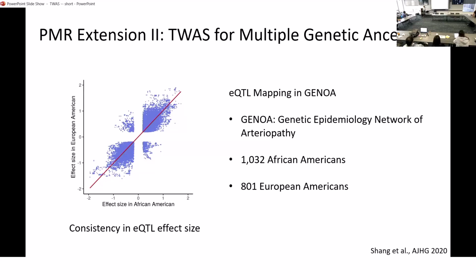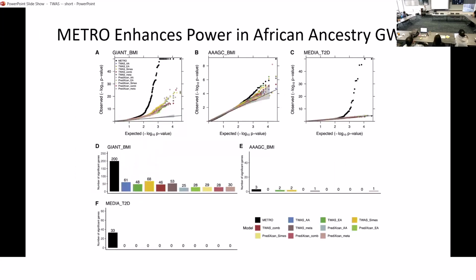And you can see that they tend to show consistency between these two populations, which is kind of expected because you might expect the underlying biology, the cis eQTL regulation of gene expression, to be consistent across different genetic ancestries. So therefore, motivated by this, we decided to extend TWAS to analyze multiple genetic ancestries.